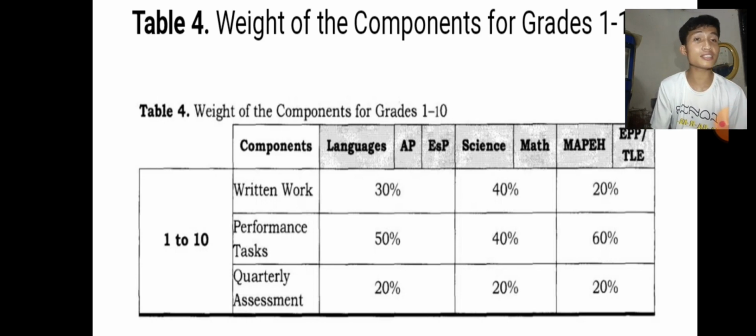In science and math, the written works are 40%, performance task 40%, and quarterly assessment 20%. In MAPE, EPP, and TLE, the written works is 20%, performance task 60%, and quarterly assessment 20%.